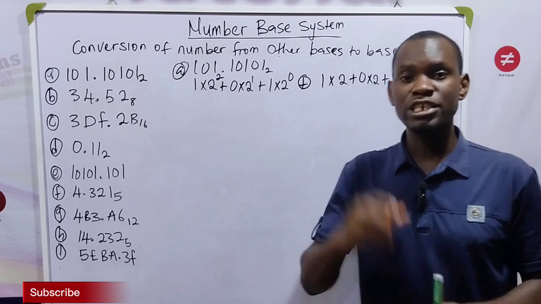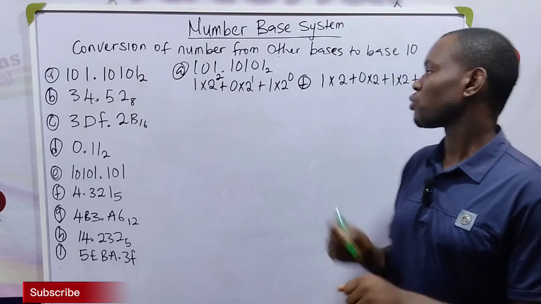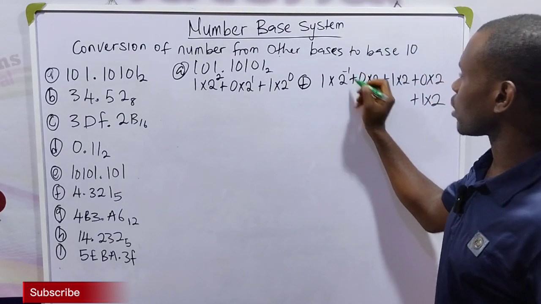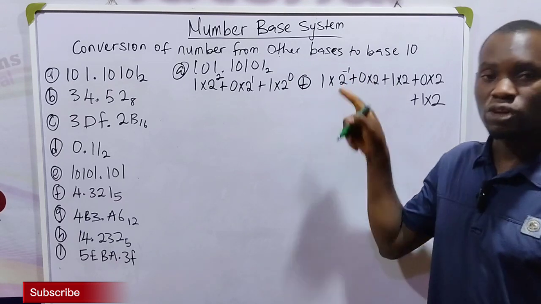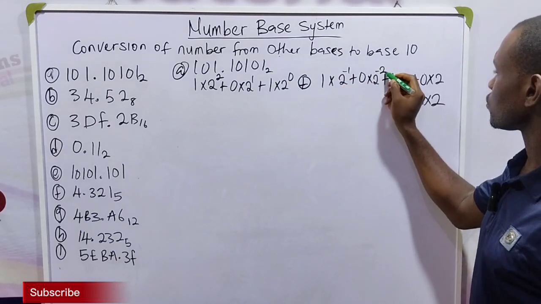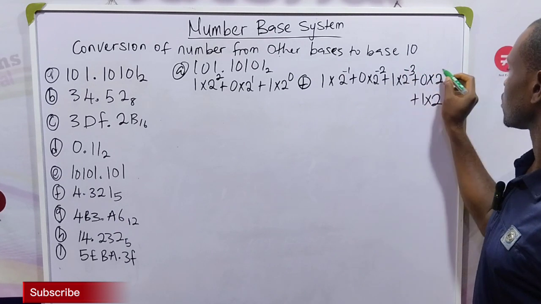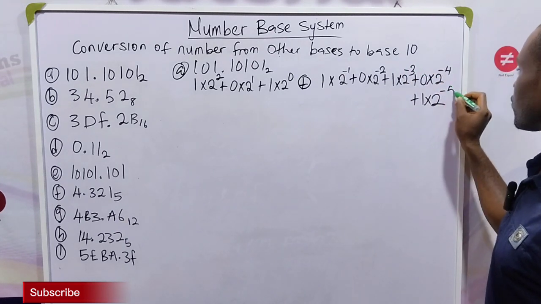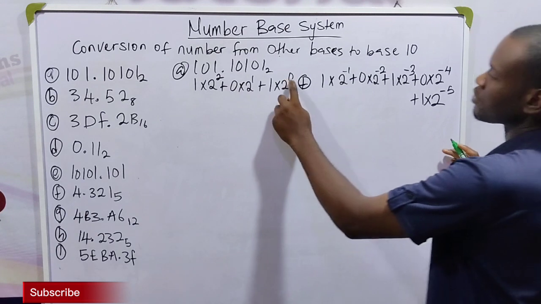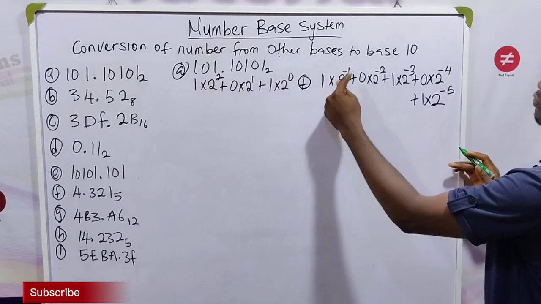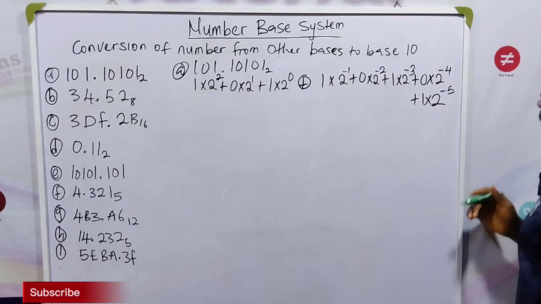Decimal means a denominator of 10. So by adding -1, this guy becomes a denominator. -2, -3, -4, and then -5. So the same way you added 0, 1, 2, here you are adding -1, -2 until the end.